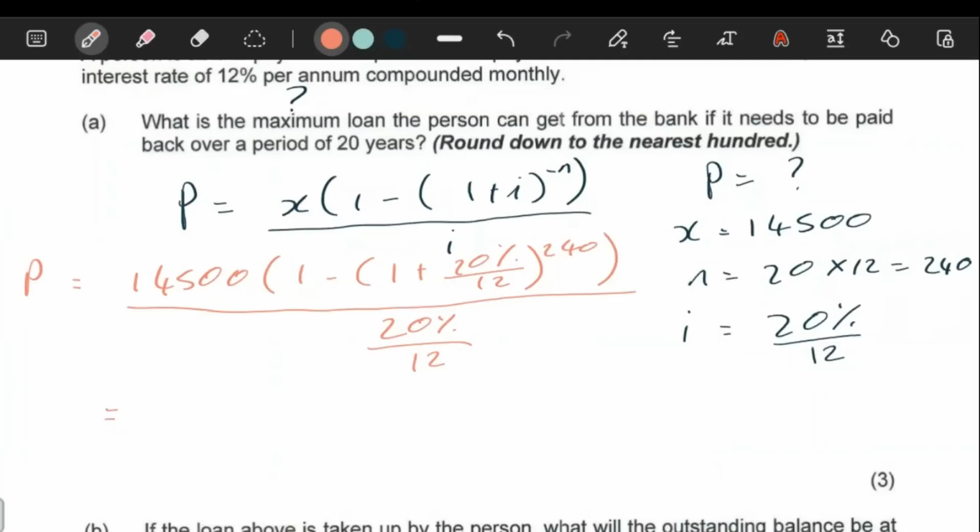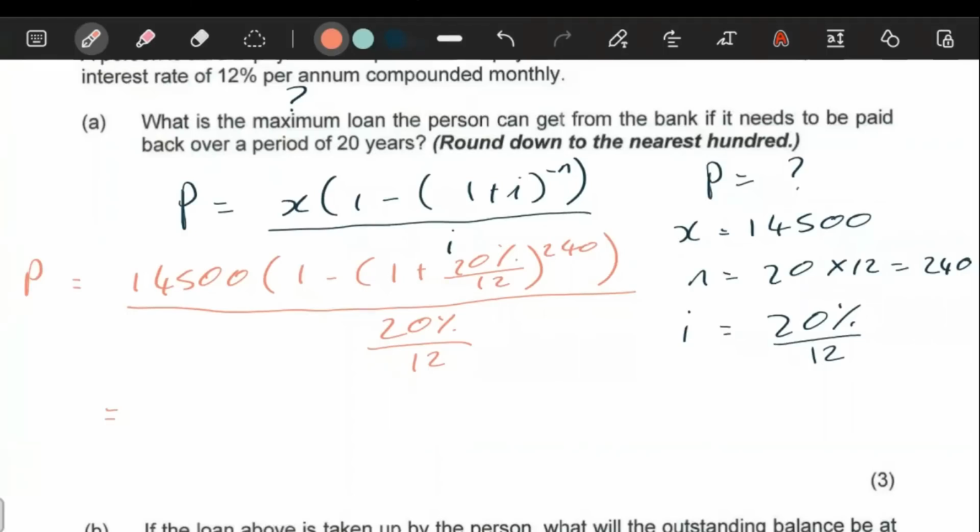Fraction button, 14,500. Then we have 1 minus 1 plus 20%, right? The whole thing over 12, whole thing to the power of 240. This is like 20% over 12, which is okay.